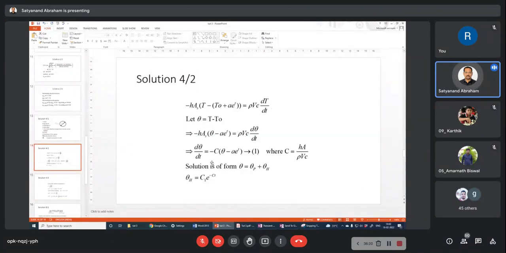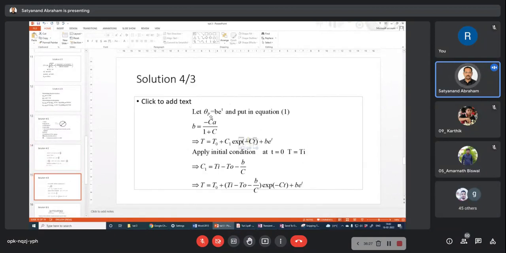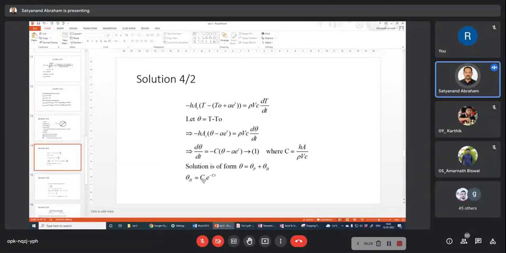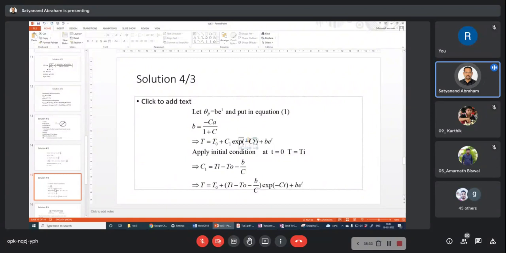What is asked is that we need to find what b is and what c1 is. That is the problem. You can see how they have solved it.